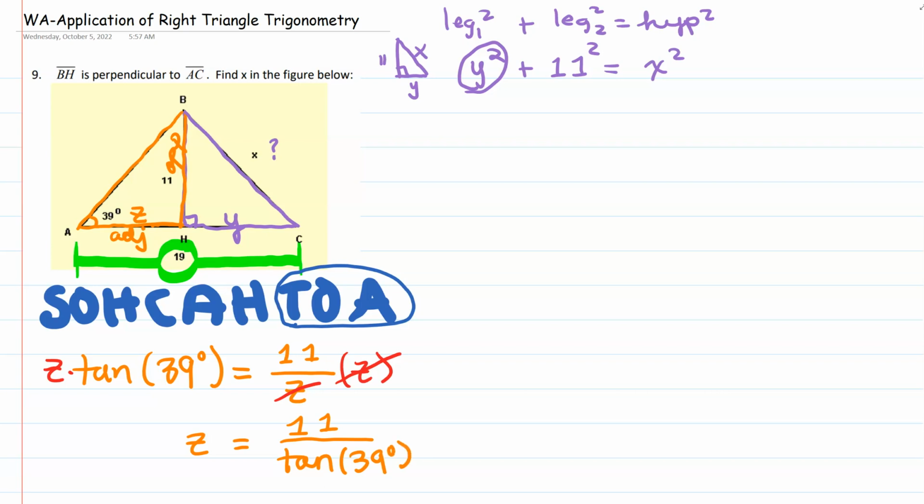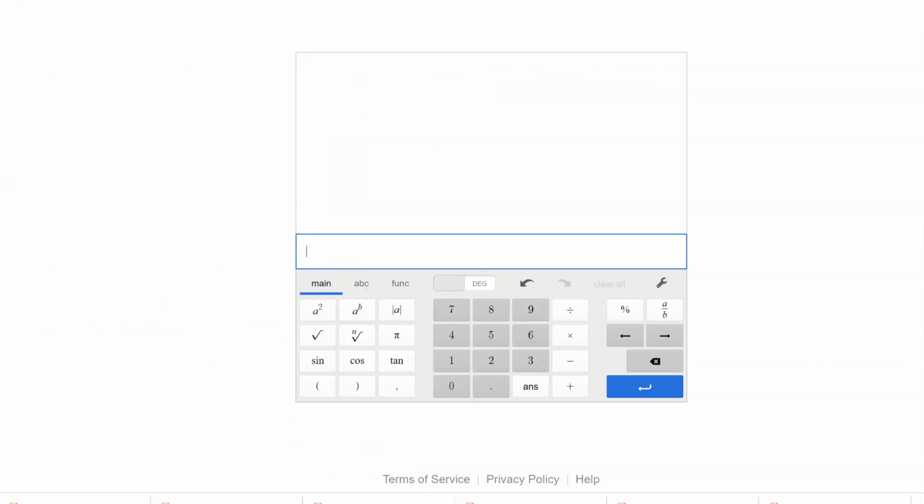Now, if you haven't already bookmarked a nice scientific calculator on your computer, I think you should. This decimal scientific calculator is what you're looking at here, and I like this because you can see what you are typing. 11 divided by tangent of 39 degrees.